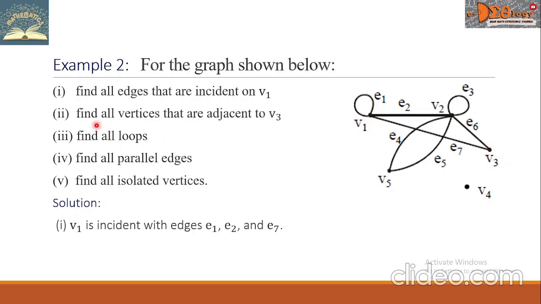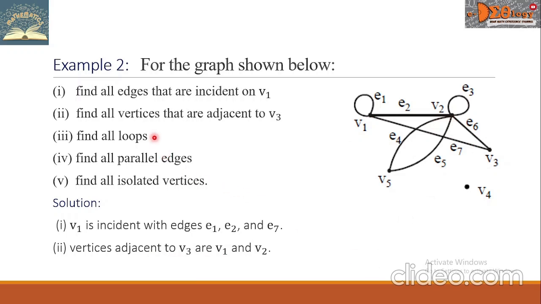Next question. Find all vertices that are adjacent to v sub 3. Let us locate the v sub 3, and it's here. So we write vertices adjacent to v sub 3 are v sub 1 and v sub 2.